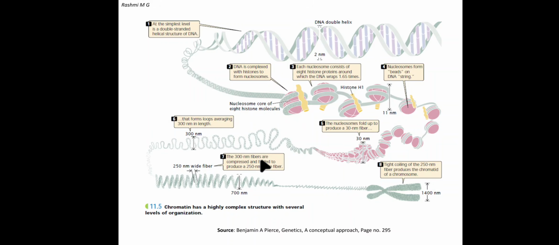At last, the 300 nanometer fibers are compressed and folded to produce 250 nanometer wide fiber. And at last, there is tight coiling of the 250 nanometer fiber, which produces the chromatid of a chromosome, so we can say the chromosome is compactly arranged.